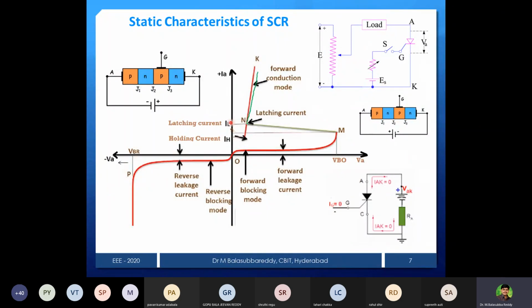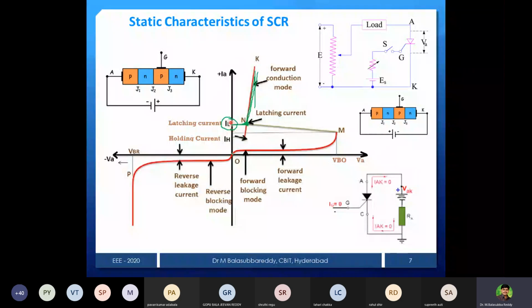Otherwise, if the anode current is below this current, the device automatically comes back to its original, off state. So this is a border; if it goes below, it will automatically turn off. That's why we require this much minimum current to maintain the on state. That is one statement for the moment.